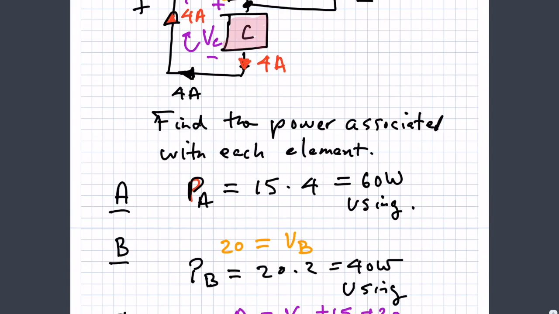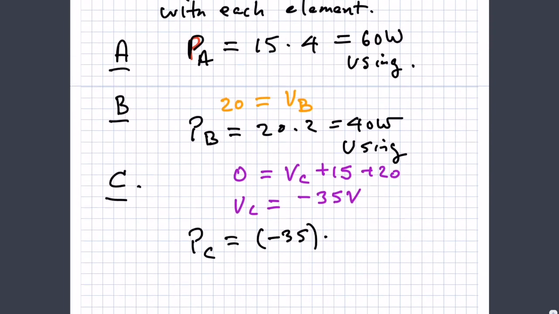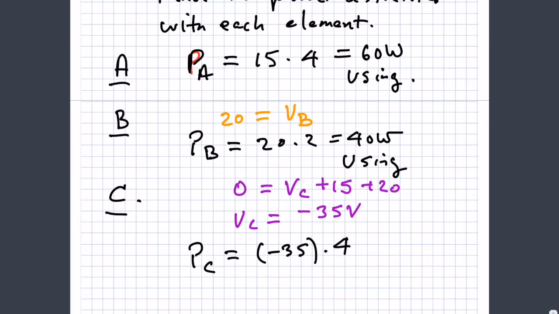Okay. Now let's calculate the power associated with C. That's going to be minus 35 times 4, so that's minus 140 watts.